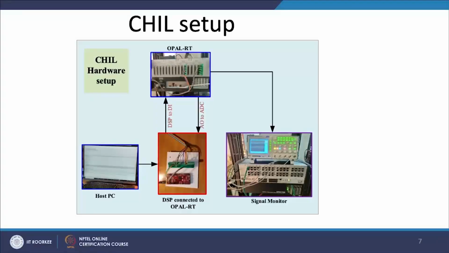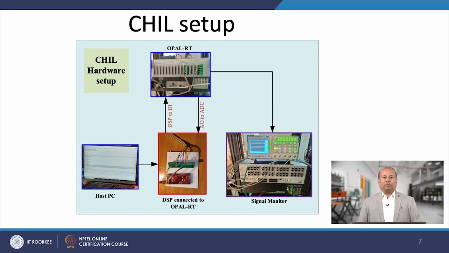Now, this is what the CHIL setup generally looks like, and in due course of time I will be explaining the complete operation of the CHIL setup. First of all, what is CHIL experimentation? The controller hardware in the loop system allows the verification of the proposed control logic provided in a real time controller in conjunction with the plant, which is running at a very fast time scale, either in real hardware or controller.